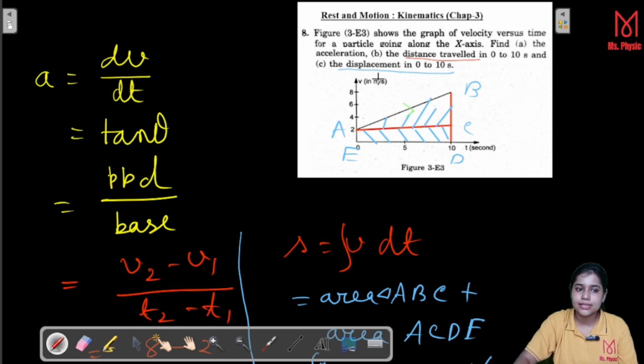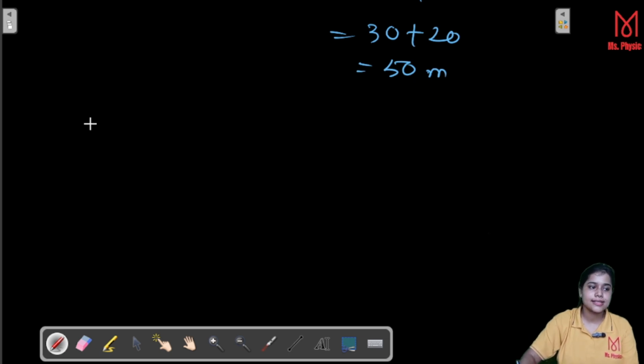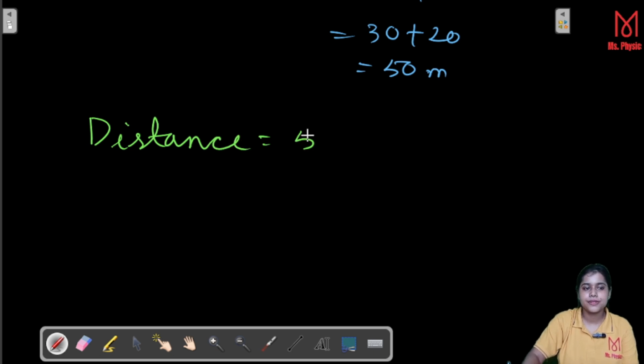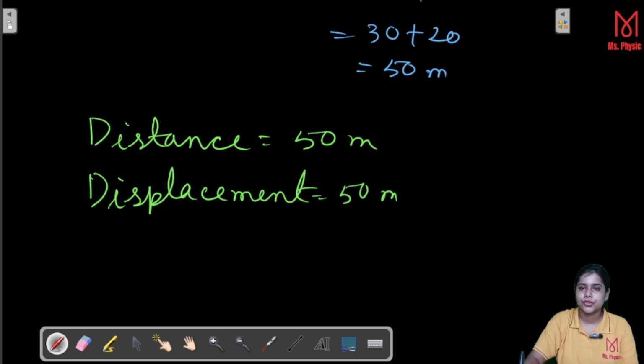So the displacement from 0 to 10 seconds will also be 50 meter. That means distance is equal to 50 meter, and displacement is also equal to 50 meter. Okay, so this is the answer.